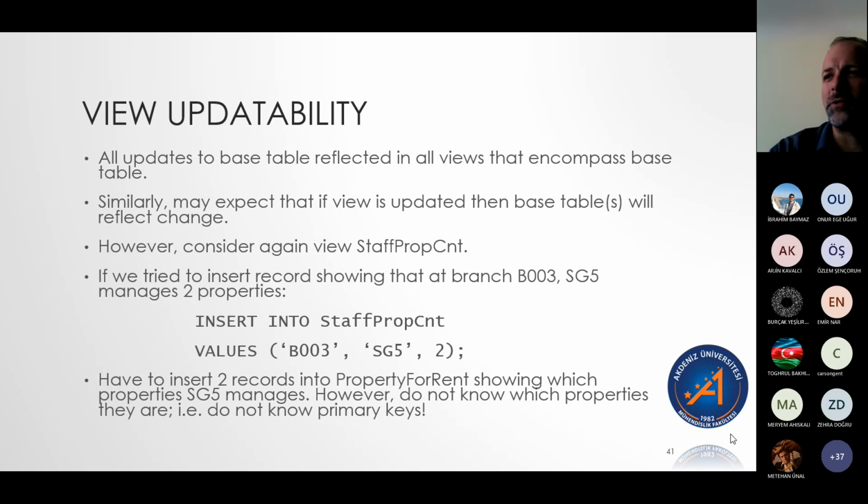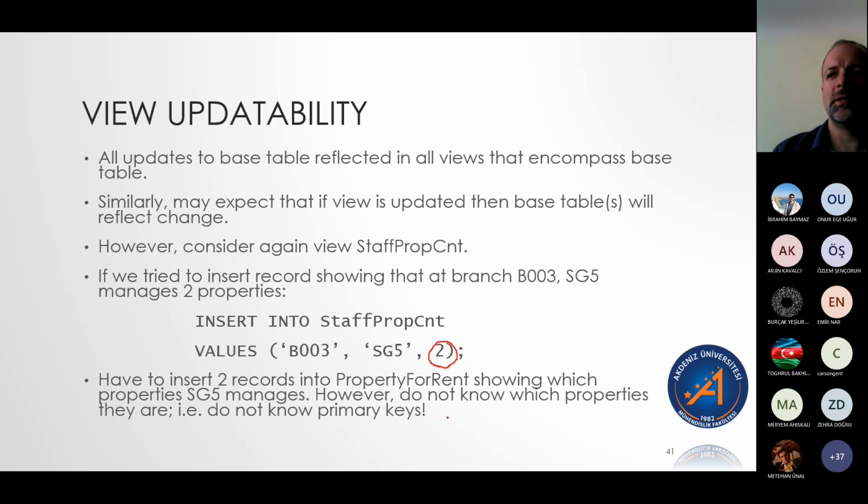Right, we don't know the properties. Remember this little value right there? It represents that SG5, the staff person, their primary key, their ID shows up twice. If this were inserted like this, it would show up twice in the property for rent table.